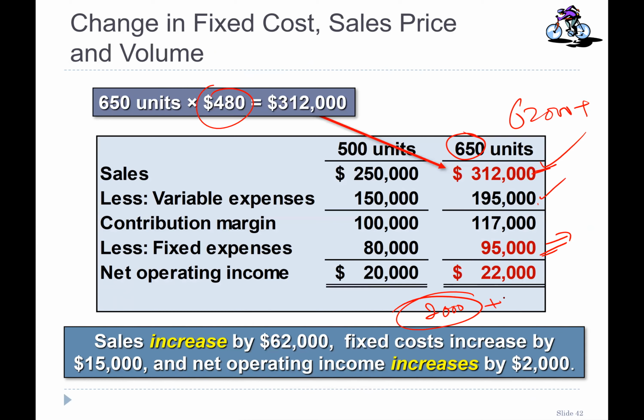You see the magic of having increased fixed cost? Your net profit will grow very, very slow. If you just maintain this 80,000 and you increase the variable cost, even then your profit skyrocketed.